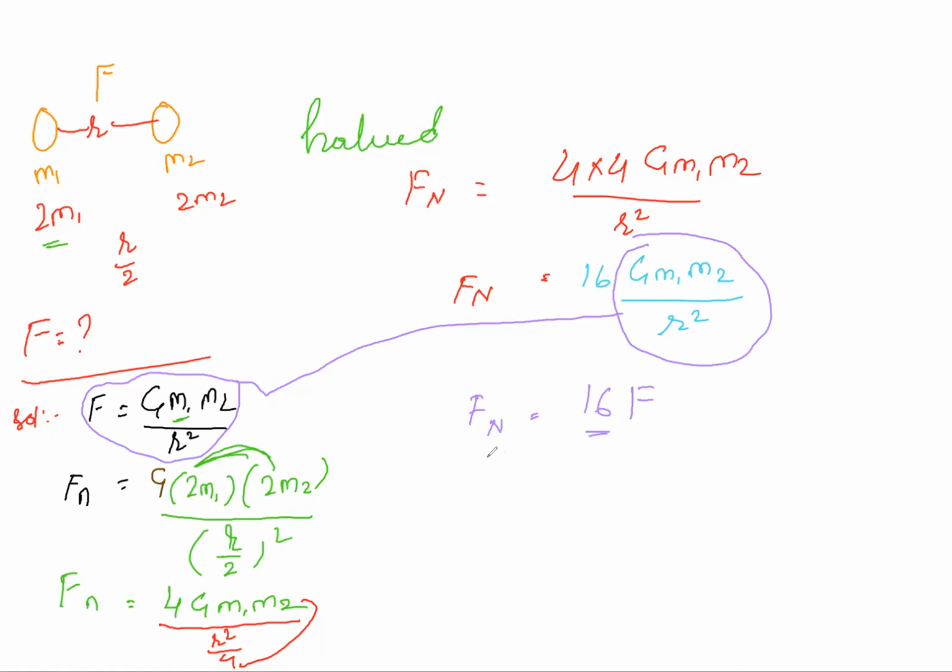So finally, the new force compared to the old force is 16 times. That means when the first mass is doubled, the second mass is also doubled, and the distance is halved, the new force becomes 16 times the old force. This is the final answer. Very clear. Next.